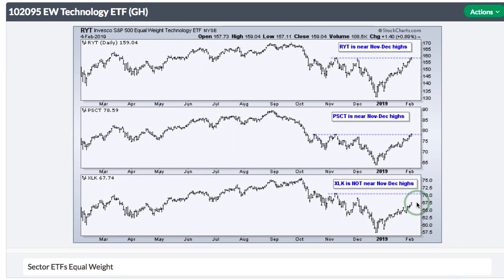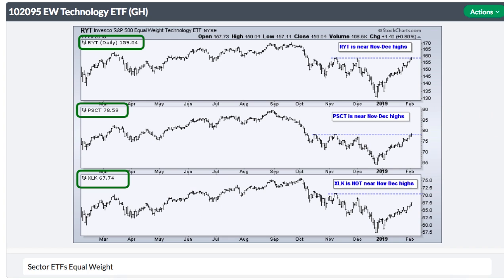So looking at technology, I've got 3 technology ETFs here. We've got the equal weight technology ETF, RYT, in the top window. We've got the small cap technology ETF in the middle window. And we've got the technology SPDR XLK in the lower window. And XLK is the laggard of the 3, believe it or not. And I'm basing this on the benchmark highs.